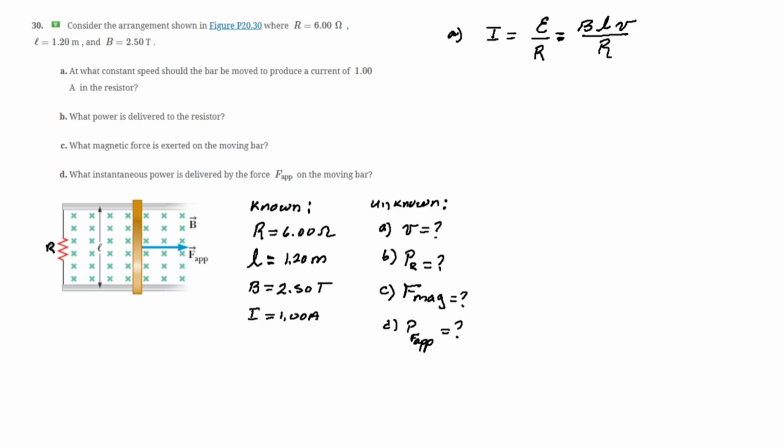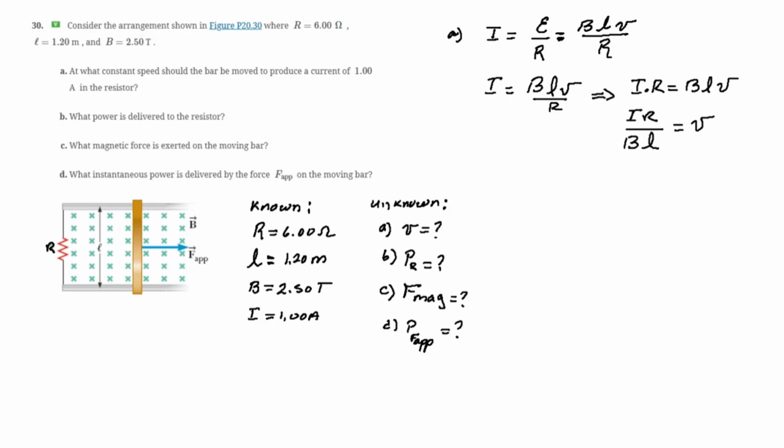Now, we have to solve for speed. If I have I equals BLV over R, and I multiply I times R, I get BLV. Solving for V, I get that IR over the intensity of the field times the length is equal to the speed.